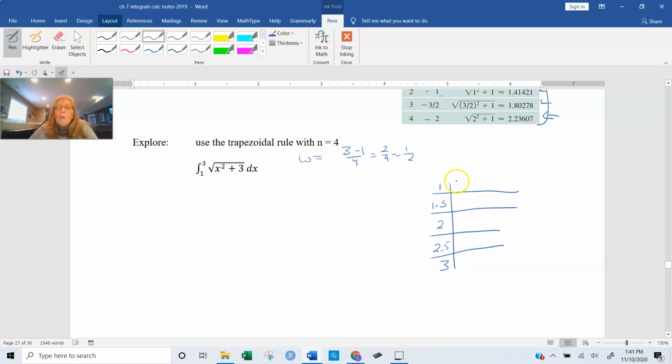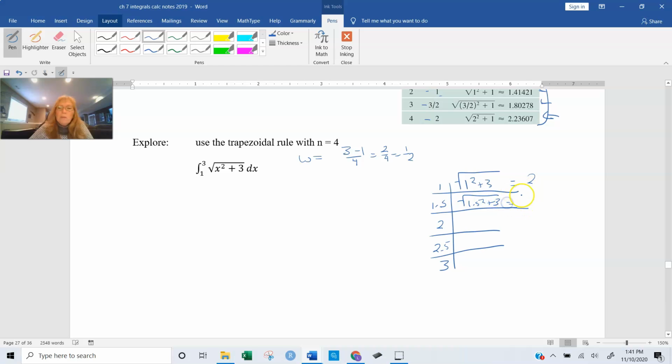So now you have to plug 1 in to your square root of 1 squared plus 3. So you know the square root of 4 is 2. Then we got to plug in the 1.5.